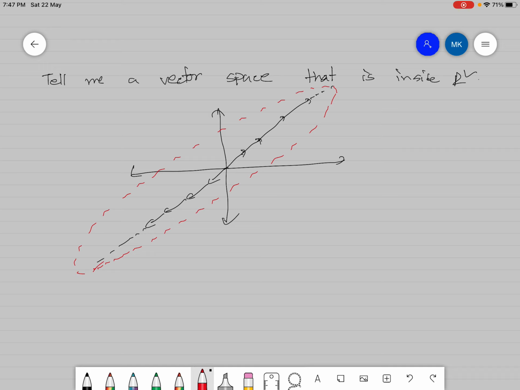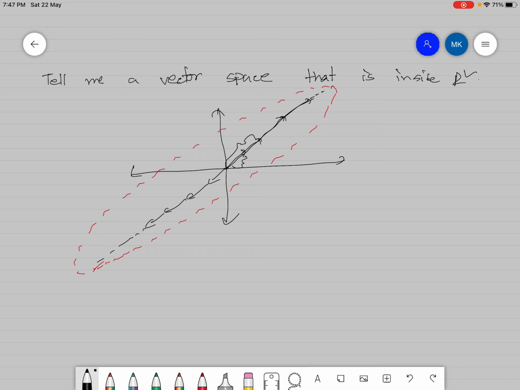So if you take any two vectors, let's say you take this vector and this vector, and add them, then you will see that you will stay somewhere here.